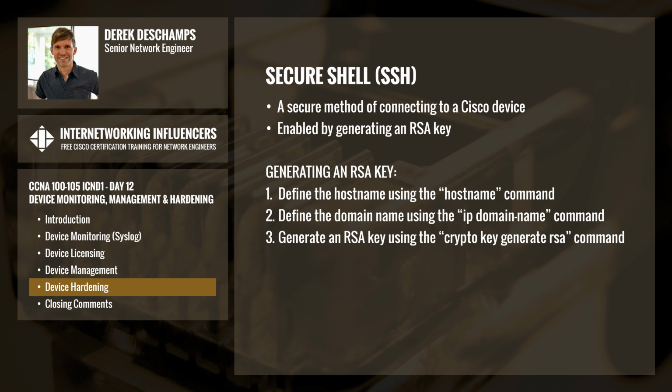The first step is to define the hostname using the hostname command. The second step is to define the domain name using the ip domain-name command. The last step is to generate an RSA key using the crypto key generate rsa command.